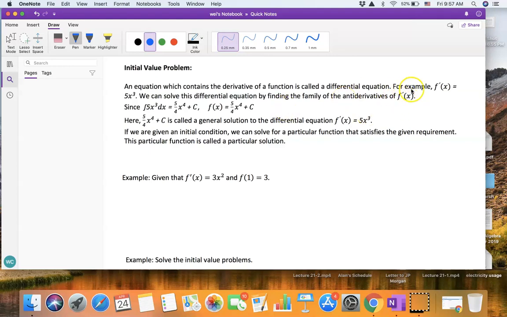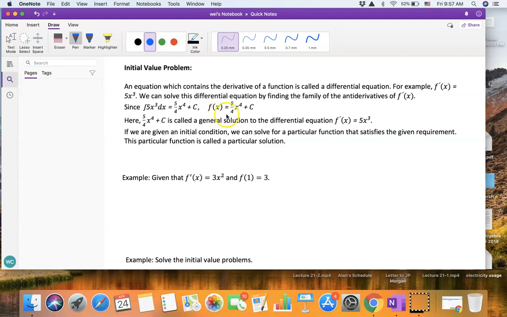And to find the antiderivative of this function, we can use the power rule. So the answer is 5 over 4 times x to the 4 plus c. So the solution to this differential equation is f(x) equals 5 over 4 times x to the 4th plus c.